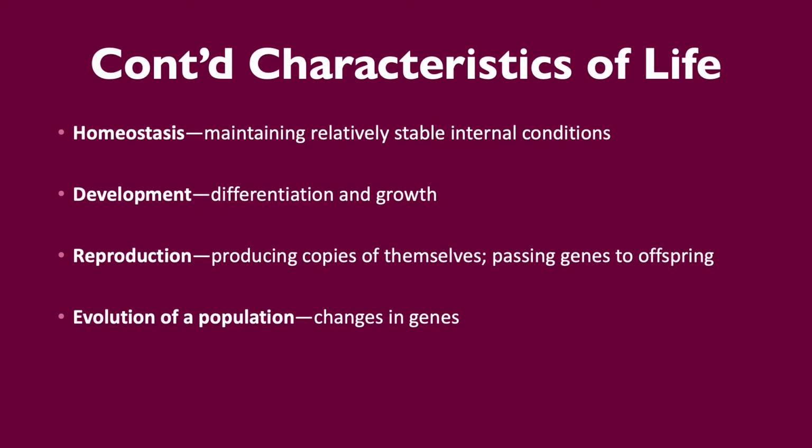We get big, we get fat, we get tall, we grow. Reproduction, we're able to produce copies of ourselves and pass those genes on to the offspring. Evolution of the population, which would be changes in the genes and genetics.